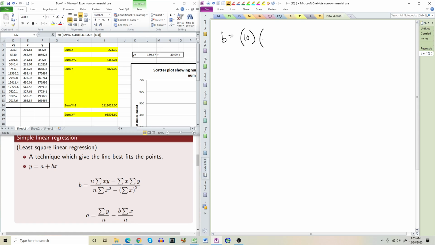Summation of XY is 95506, minus... Doctor, I thought N is 10. No, N is 12, yeah. Summation of X is 224, 4829.